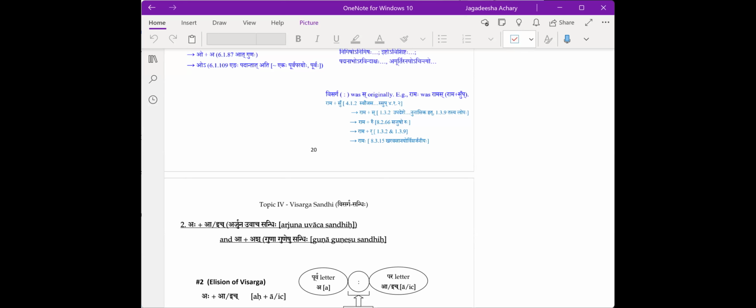Jagdish ji, this will be the same as tadatmanam srijamyaham, correct? Exactly, because tada ends in dirgha a, and atmanam starts with dirgha a. Exactly the same thing. But how many times does Swami Tadatmanandaji put avagraha in his name?